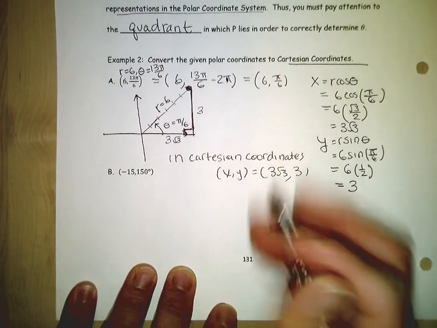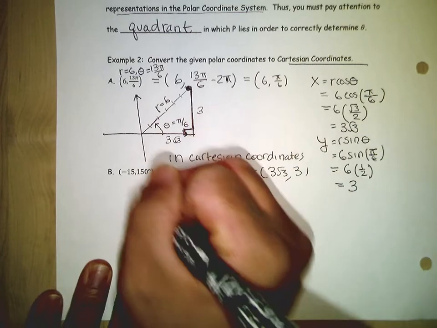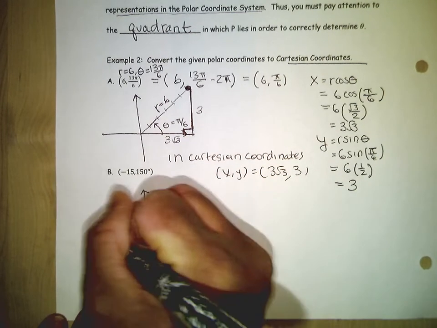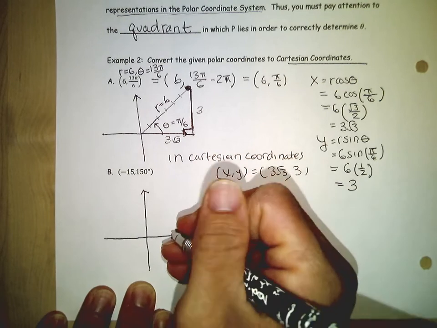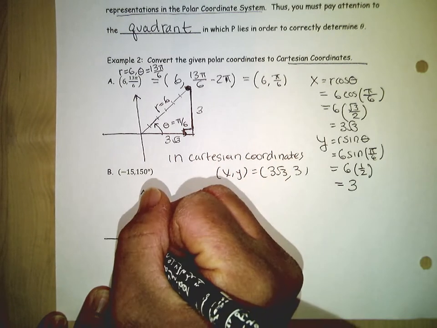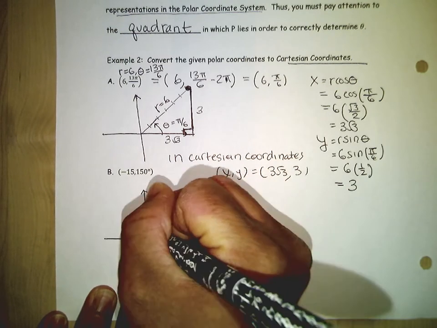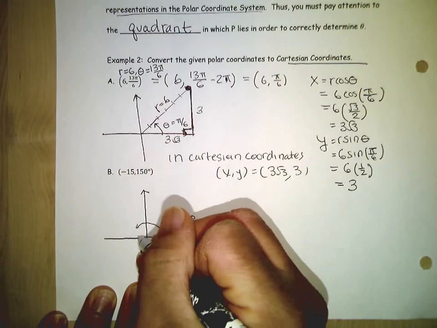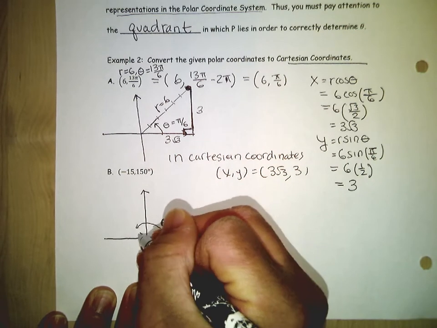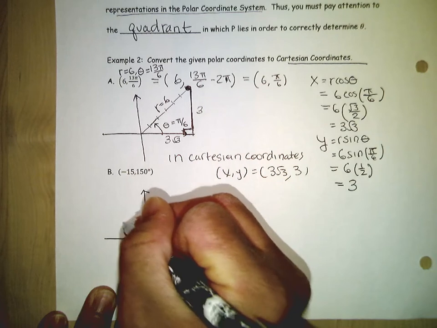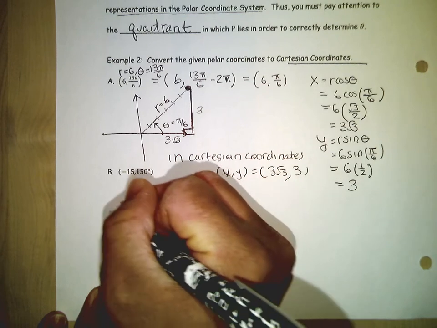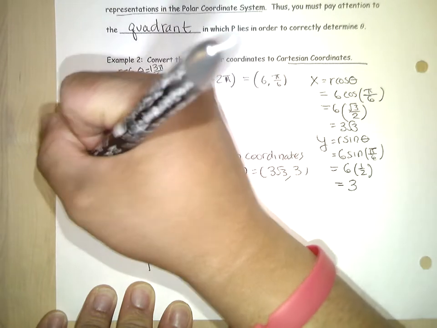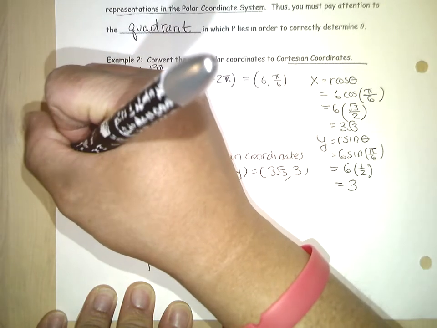All right, so B, the point negative 15, 150 degrees. Let's draw this out here. We want 150 degrees, so 150 degrees is right here. So theta is 150 degrees, and r is 15. So 1, 2, 3, up to 15.